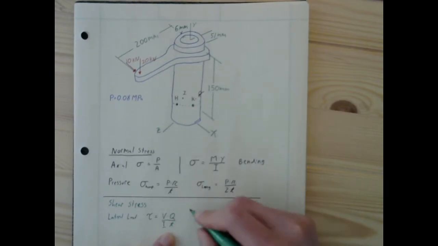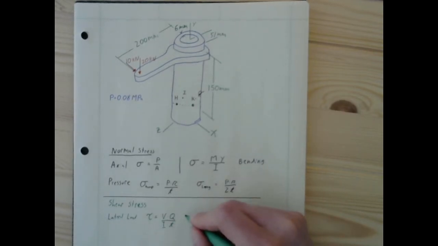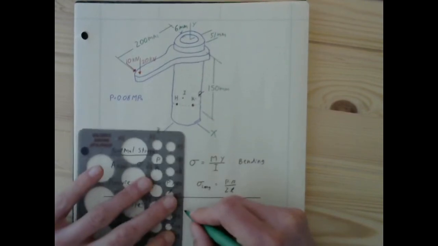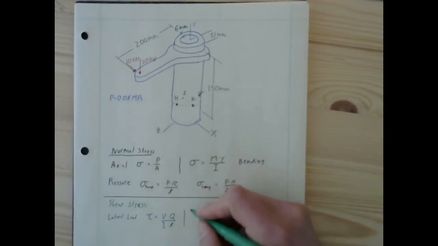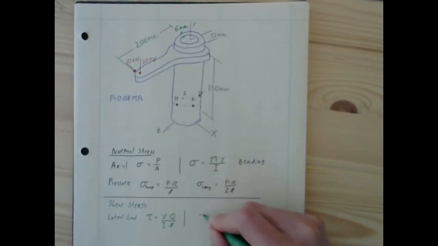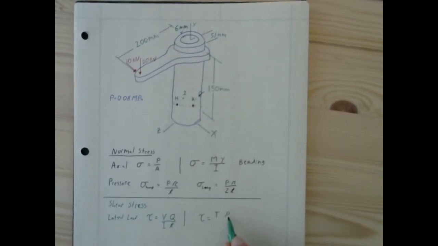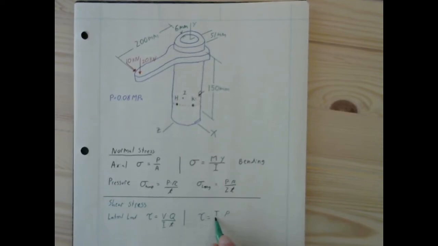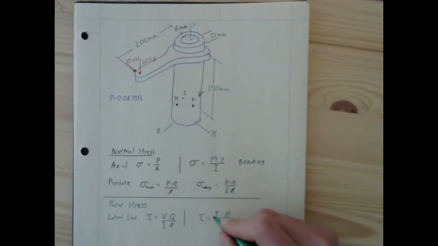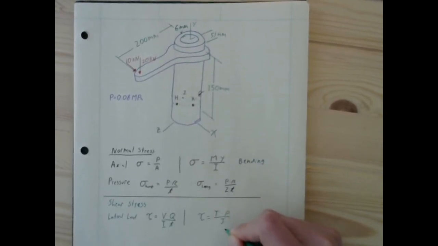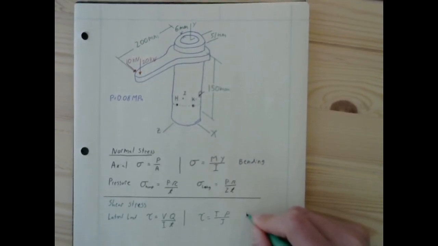And we're going to have torsion. That's going to be equal to the torque applied times rho, but it's just the radius, divided by our polar moment, J. So that's from torsion.